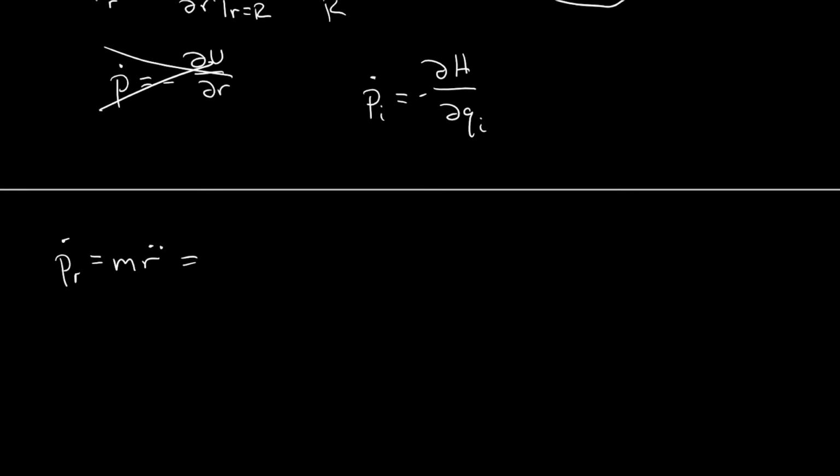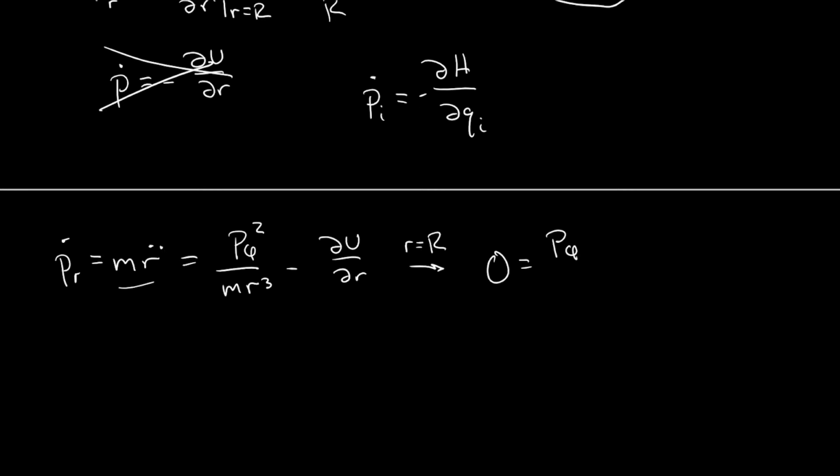This is equal to p phi squared over m r cubed minus dU/dr. Now if I evaluate this at r equals big R, the left-hand side is 0. This is equal to p phi squared over m big R cubed minus dU/dr. And this is equal to 0.